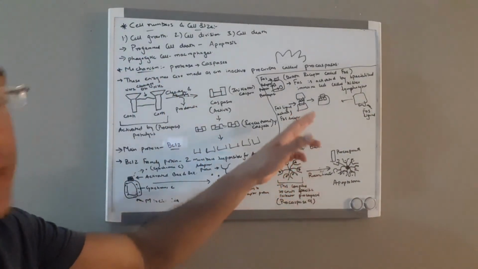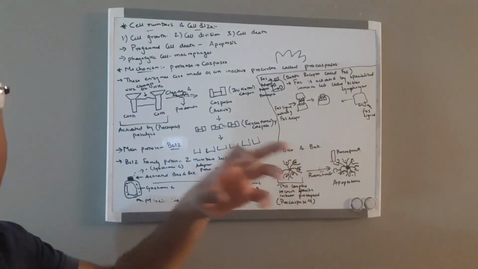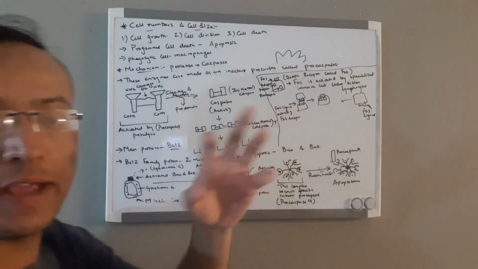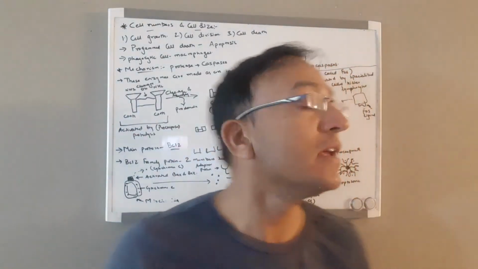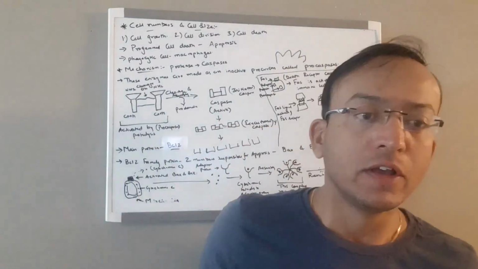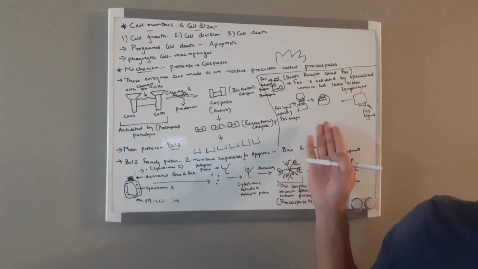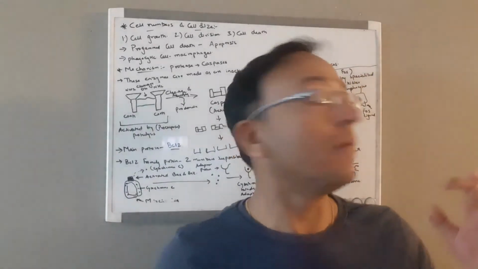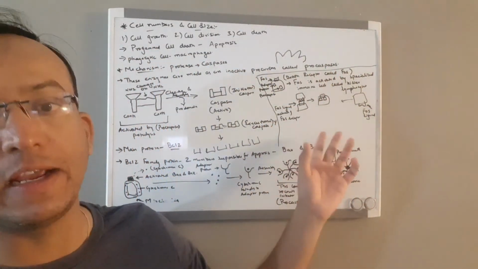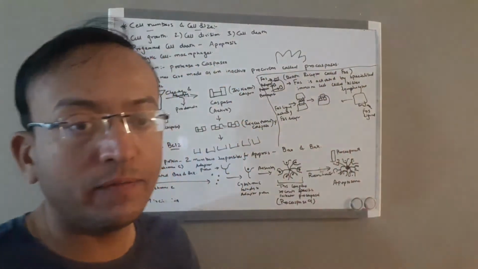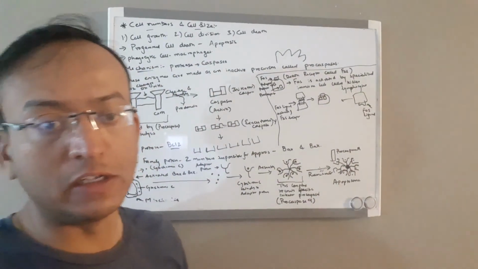This killer cell helps regulate the immune response by inducing apoptosis in other immune cells that are unwanted. The binding of FAS ligand to its receptor triggers the assembly of the death-inducing signal.